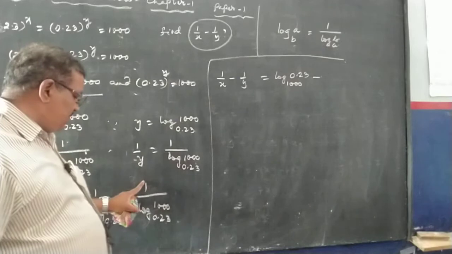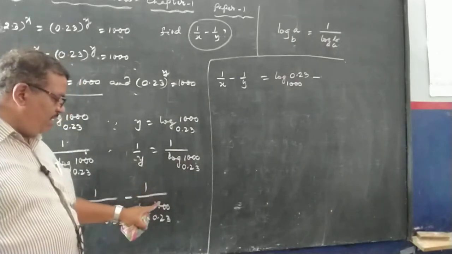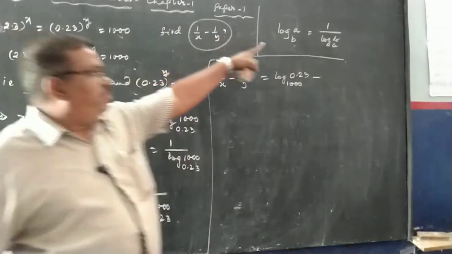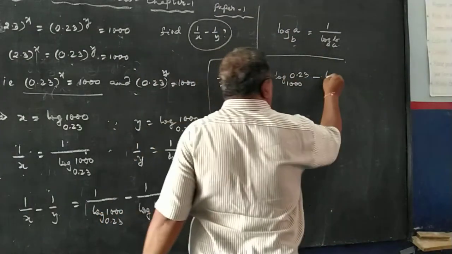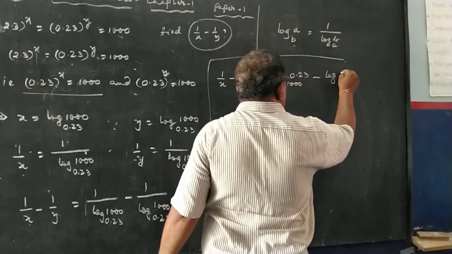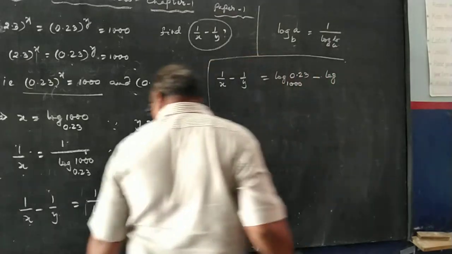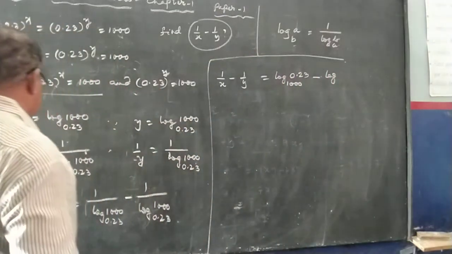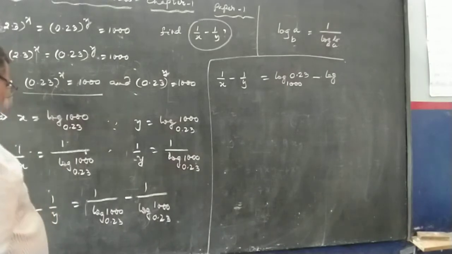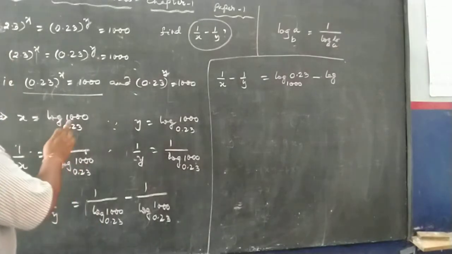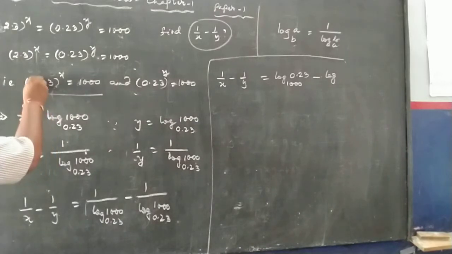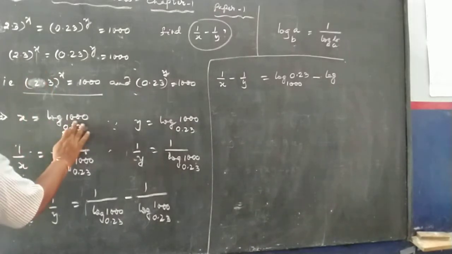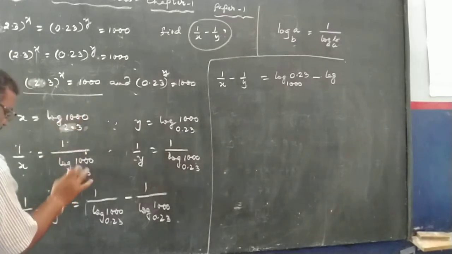It is in the form 1 by log b base a, which can be written as log a base b. Sorry, I forgot to write here, it is 2.3 power x.